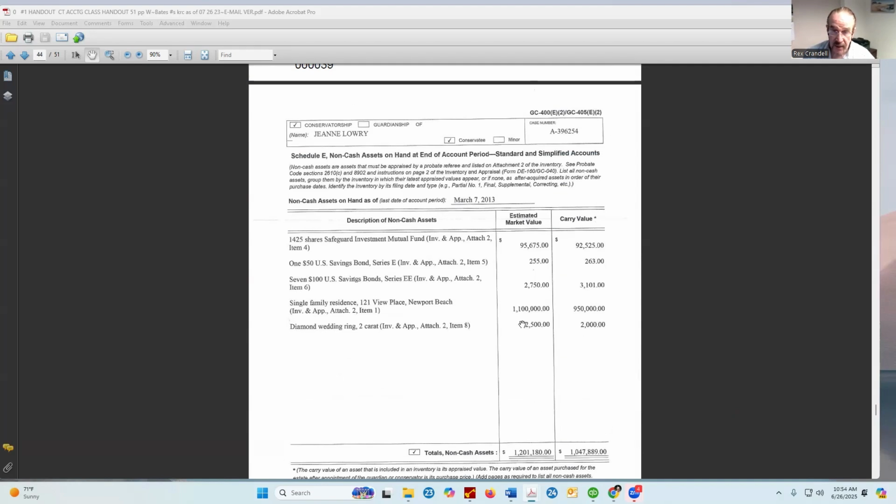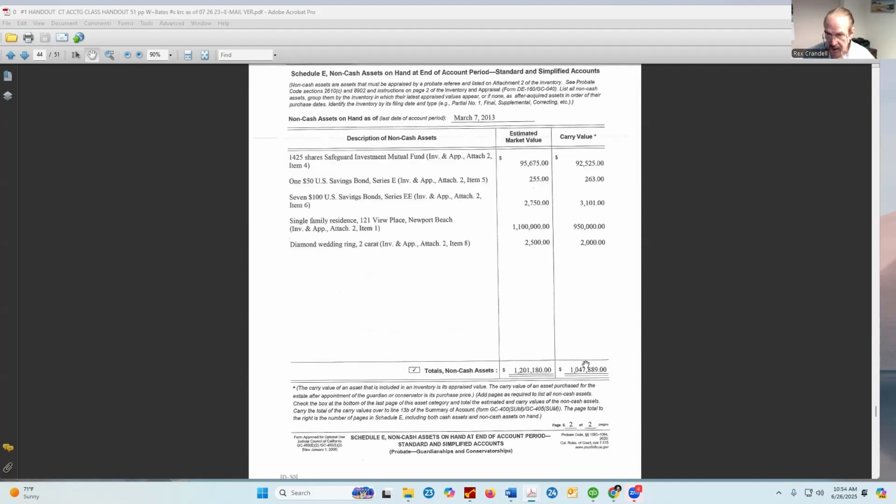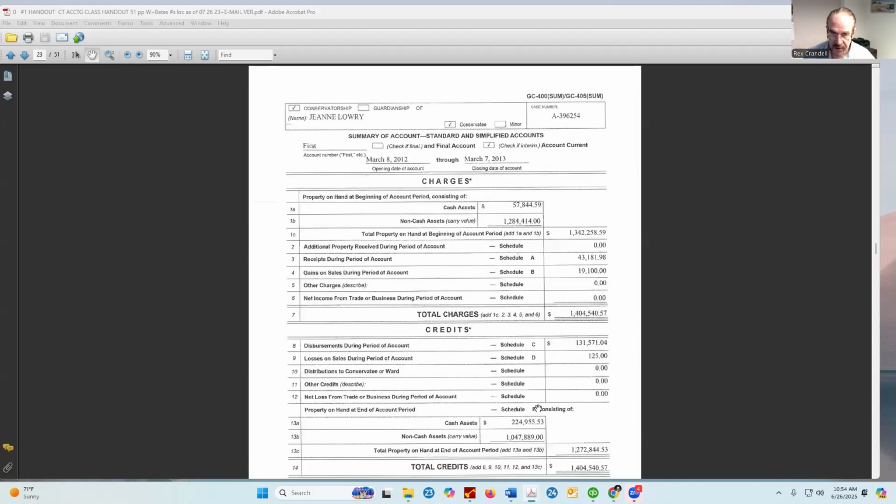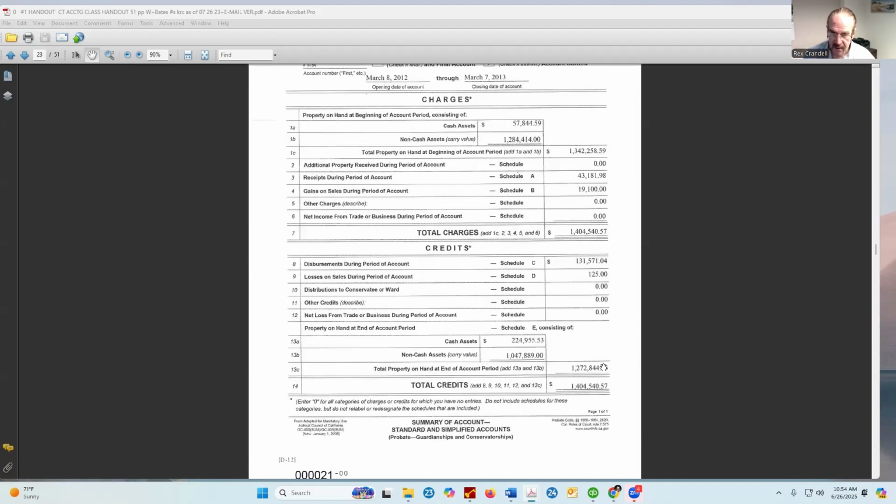And here again, we have the column for estimated market value. So those items will be brought forward to the GC 400 sum. And then, drum roll please, we then determine whether it balances or not. And if it doesn't, you're not done.